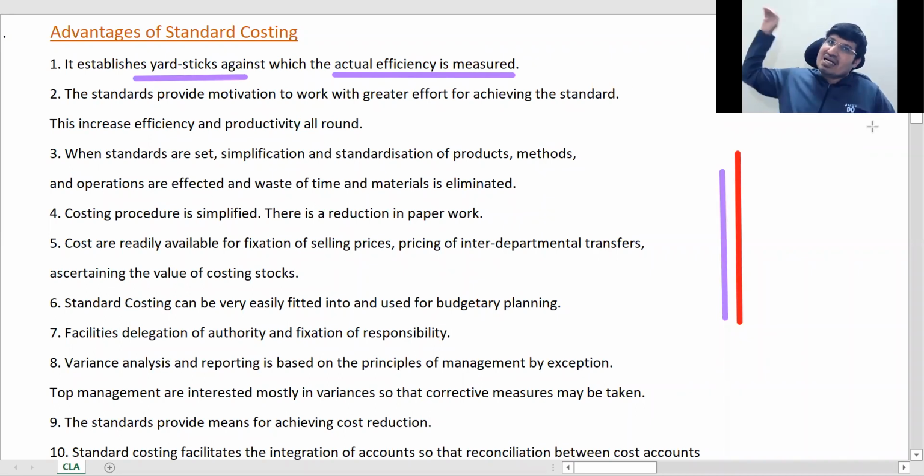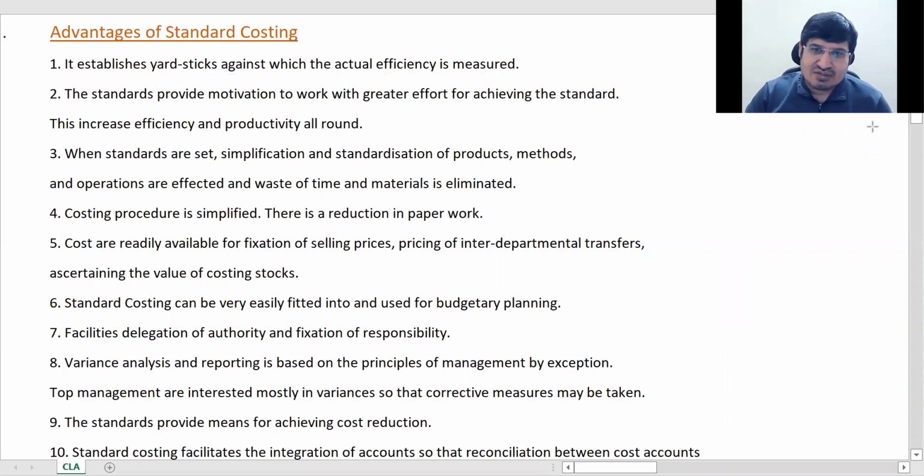So they are the yardstick for them, and they want to become as tall as that. Maybe in future they will become taller, but that is the goal. Too much talk on this. Establishes yardsticks against which actual efficiency is measured. Easy point, remember it.